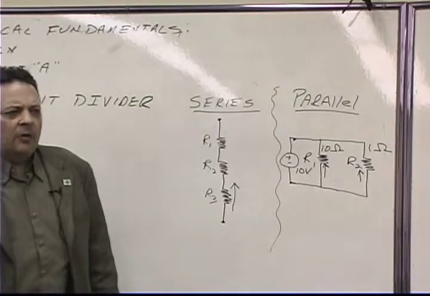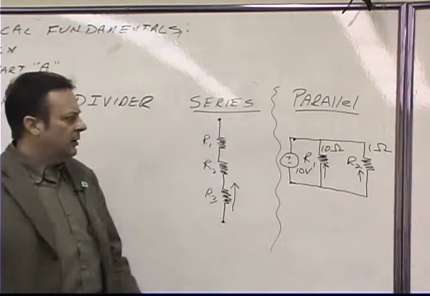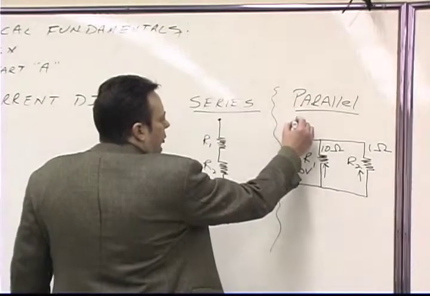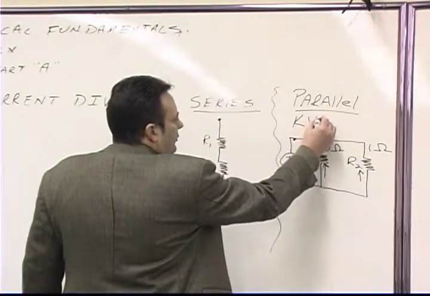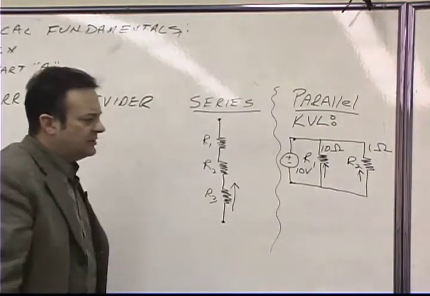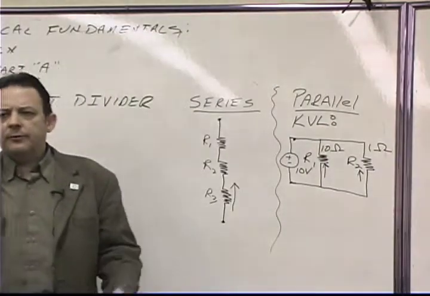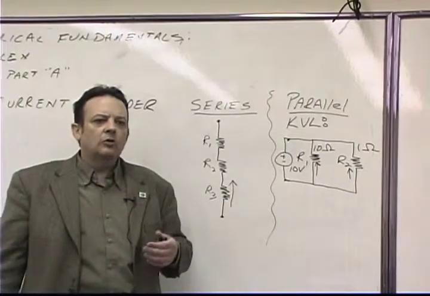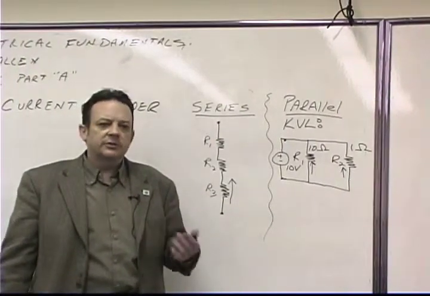And the way that we know that is by looking back at what we studied previously, Kirchhoff's voltage law. Kirchhoff's voltage law, in its abstract form, says that the sum of the voltages around any closed loop has to be equal to 0.